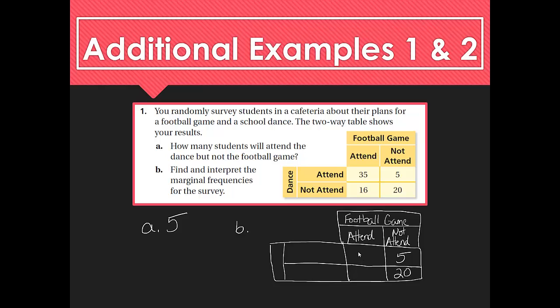And then under the attend, we have 35 and 16. And this here was dance. And then we have attend and not attend. So now we need to extend and add up our totals.